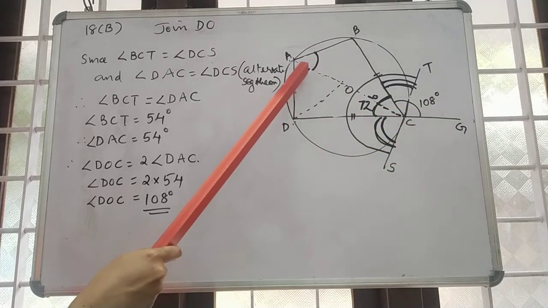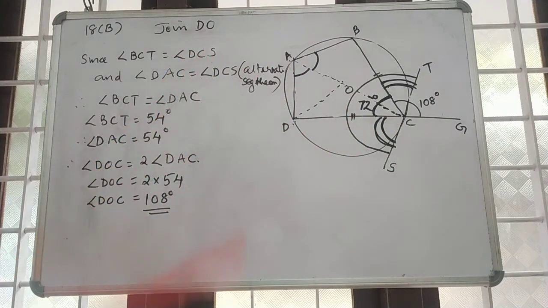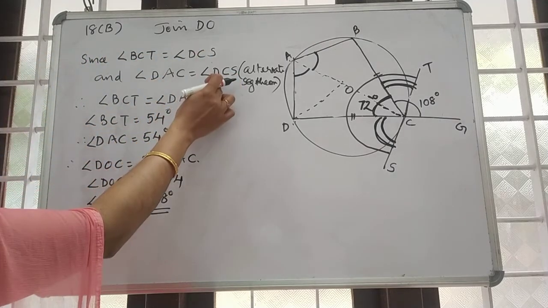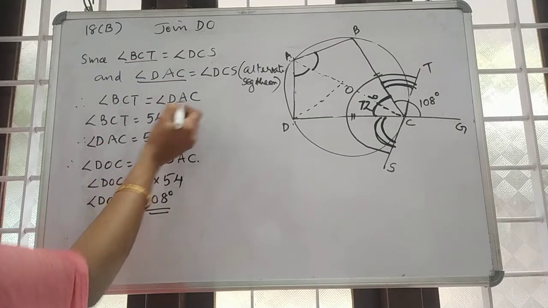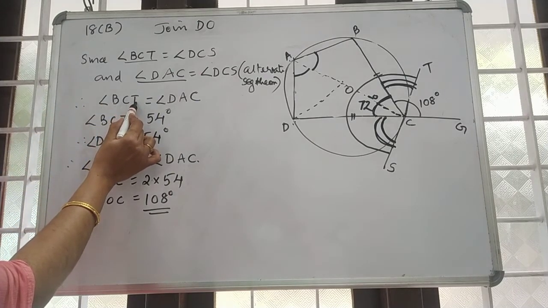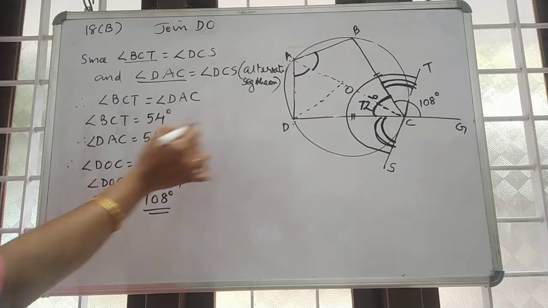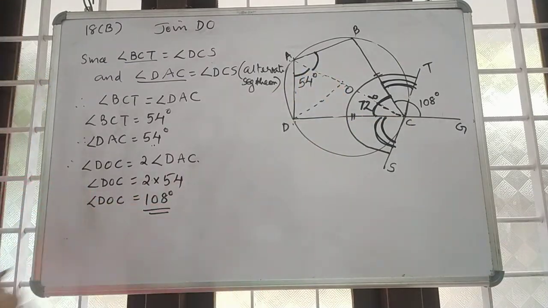These two angles will be equal using the alternate segment theorem. So DCS is equal to BCT and DCS is equal to DAC. So we can directly write BCT is equal to DAC. Now we got BCT as 54 degrees. Since BCT is equal to 54, angle DAC will be 54 degrees.